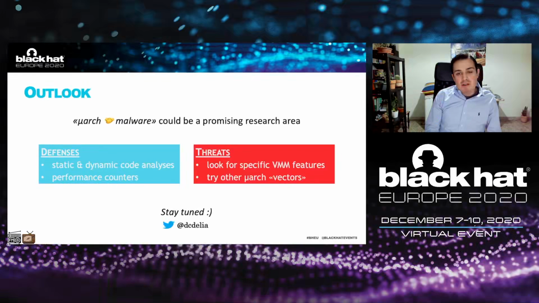You might be using these techniques for looking, this time, for specific virtual machine monitor features. And there are also several other microarchitectural attack vectors that are worth exploring and can be exposing the virtual machine monitor in other ways.